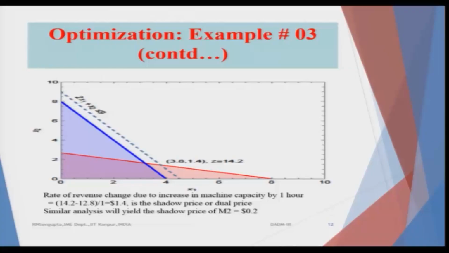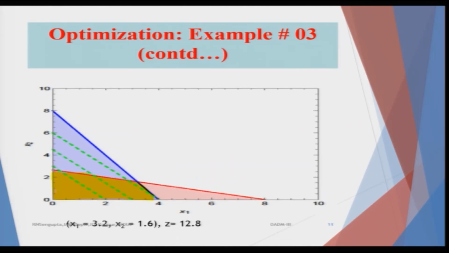Now, consider the problem in such a way that the rate of revenue change due to an increase in machine capacity is 1 hour. Which means that if I change the equation, the values which were there were 3.2, 1.6.